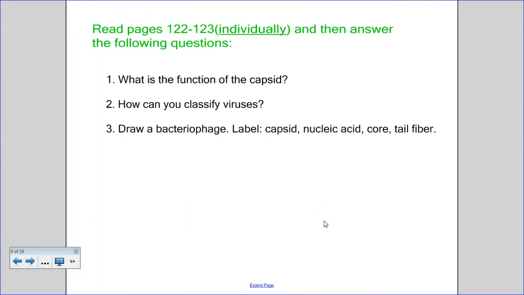There's a few questions there that I'd like you to work on. You can read pages 122 and 123 and answer them, and we'll go over them in class. So basically, what is the function of the capsid?